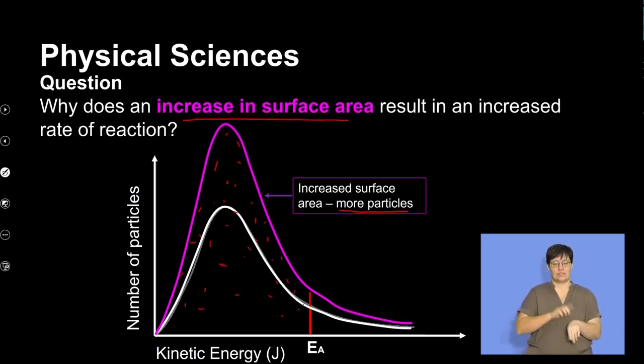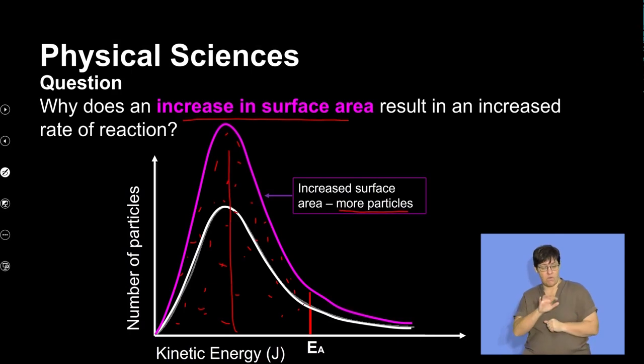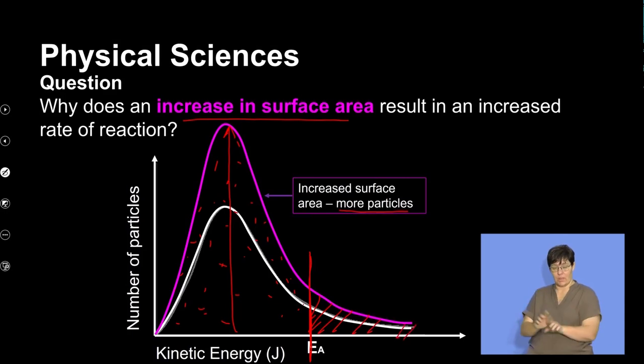We have more particles that actually have that average kinetic energy. And if we look at how many particles will actually result in effective collisions, we can see that entire part there results in effective collisions.